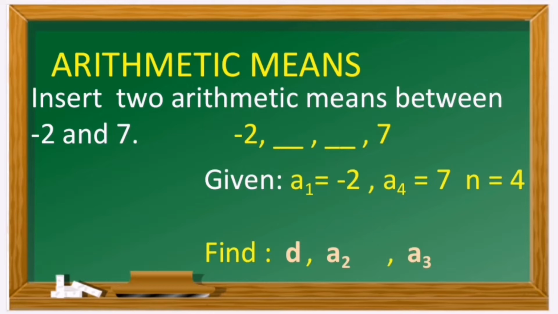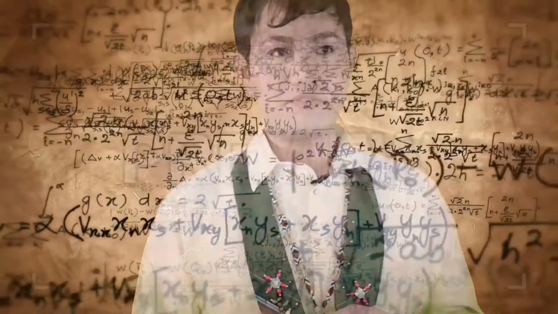So list the given. a sub 1 is equal to -2, while a sub 4 is equal to 7. The total number of terms is 4, and you are tasked to find a sub 2 and a sub 3, the second and the third terms respectively.